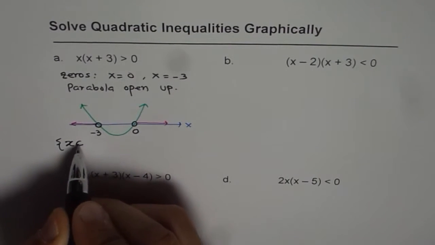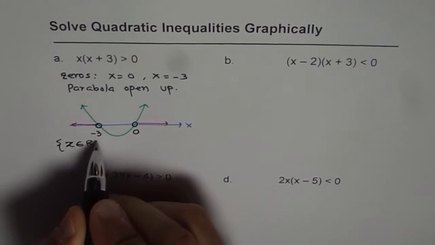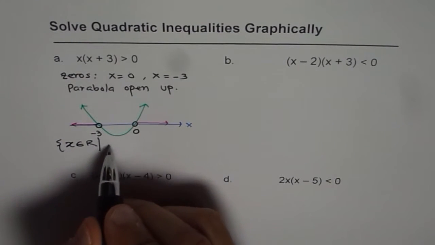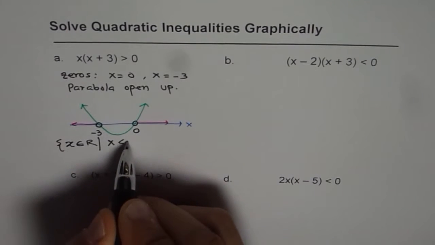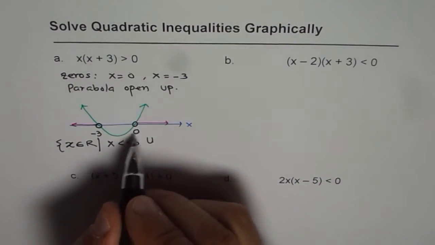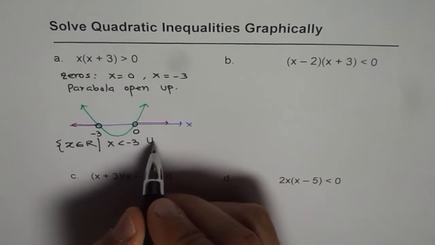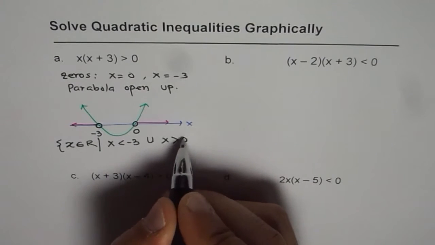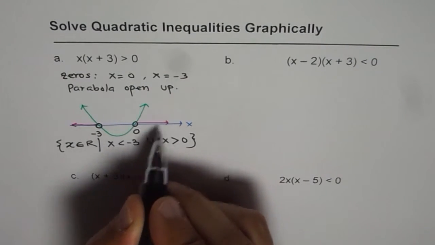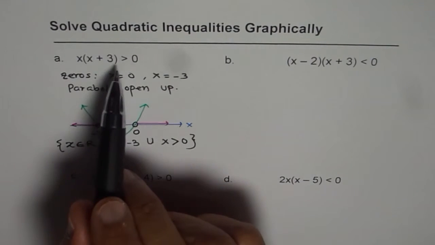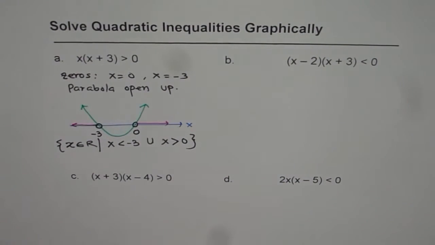We say x belongs to the set of all real numbers, and the condition is that x is less than minus 3, union, since there are 2 parts to this solution, x is greater than 0. That forms this portion which we have shown here, where the inequality greater than 0 is true.